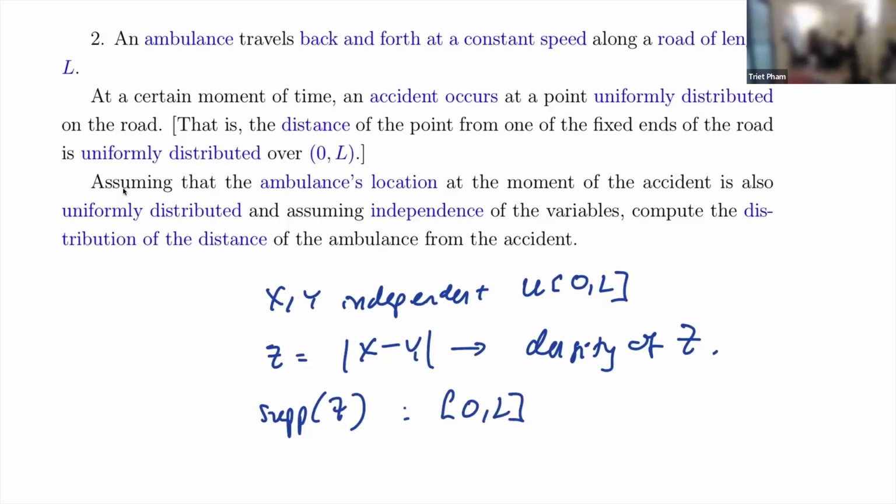Once we find the support, which is a very good step, then what do we do? Can we draw the XY graph? It will be a square. The XY graph is a square.